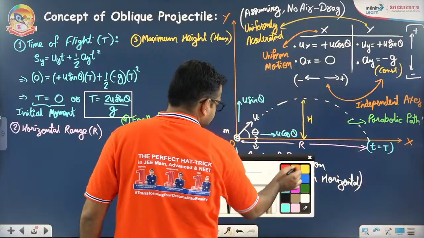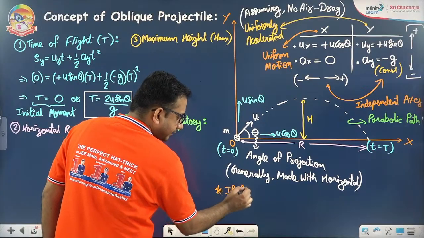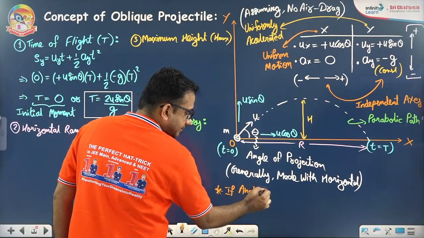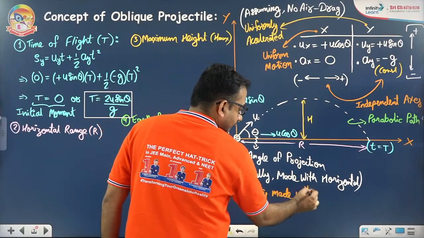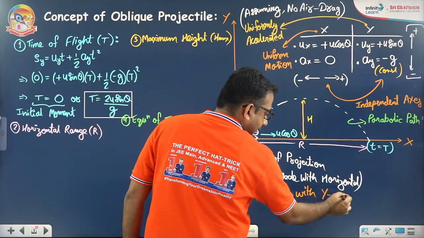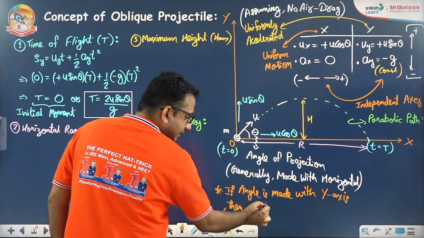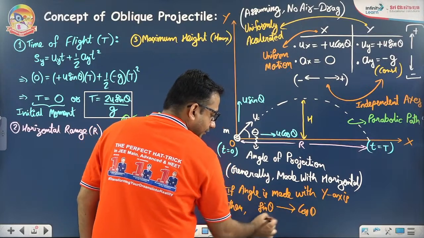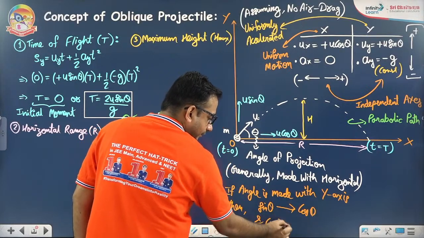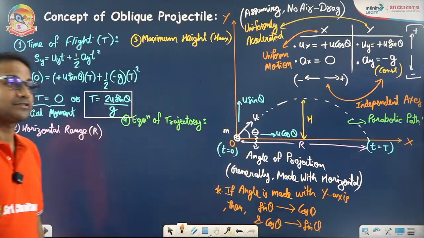So if the angle is made with the y-axis, sine will change into cos and cos will change into sine.